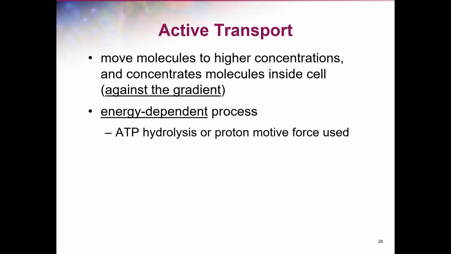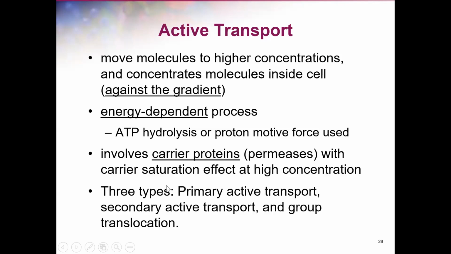Then another one is the so-called active transport. Active transport is like bacteria taking nutrients or chemicals against the concentration gradient, from low concentration to higher. So that's active transport. You can see this needs energy, right?